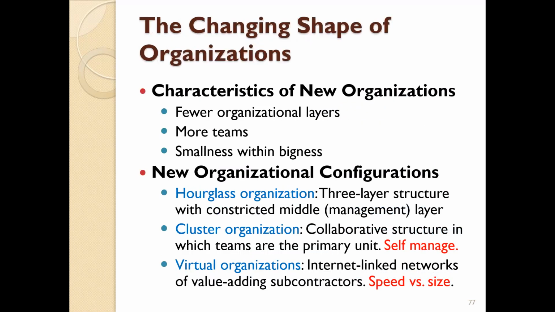Changing the shape of organization. Characteristics of the new organization: fewer organizational layers, more teams, smallness within bigness. One of the things we are doing now is to have smaller organizations.